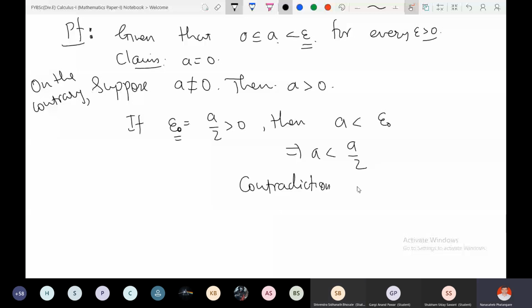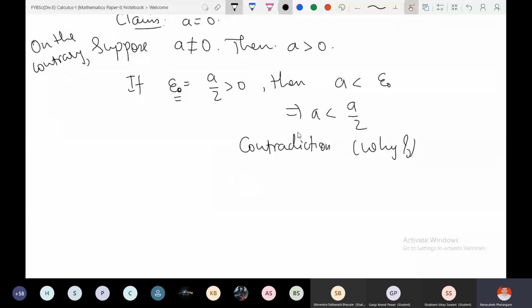Why contradiction? A number cannot be less than its half, right? A number cannot be less than its half.